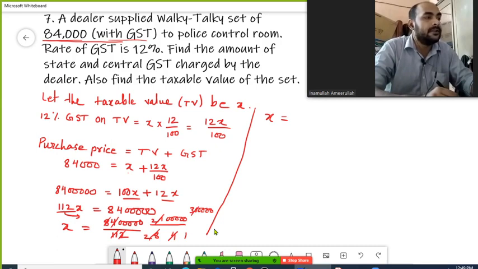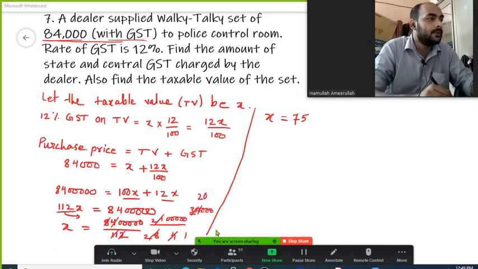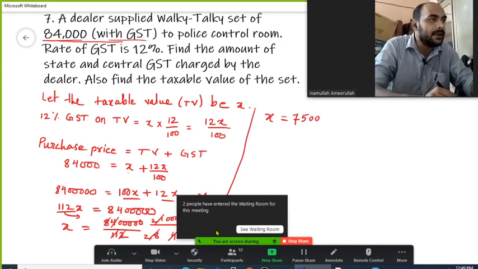4 sevens are 28. So here we can take 7. Then when we subtract 28 from 30, we will be left with 2. We can take this 0 here. 4 fives are 20, and then we have 3 more zeros which we can add here.